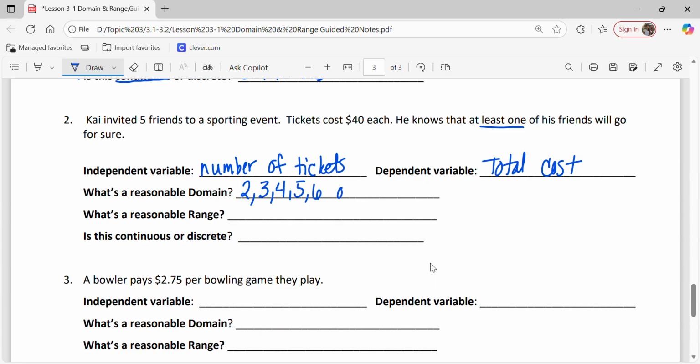people. So you can either write it like this, or as in set builder notation, all values of x such that x is an integer, and 2 is less than or equal to x, less than or equal to 6. Reasonable range would be multiples of 40.